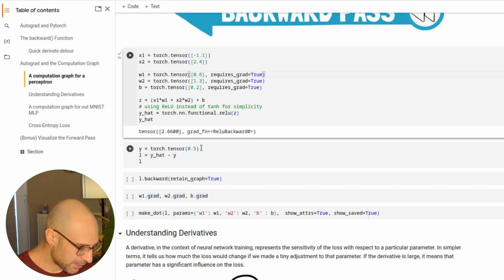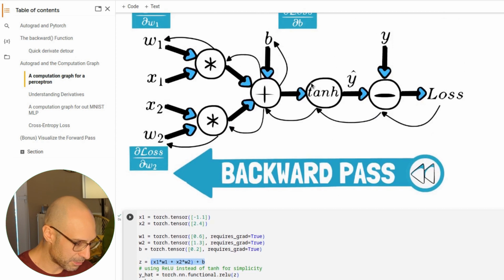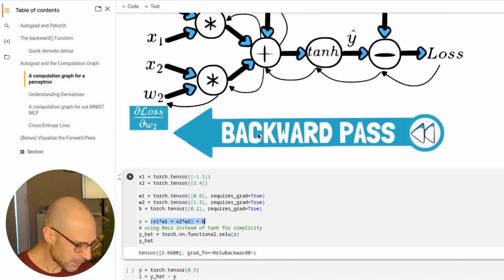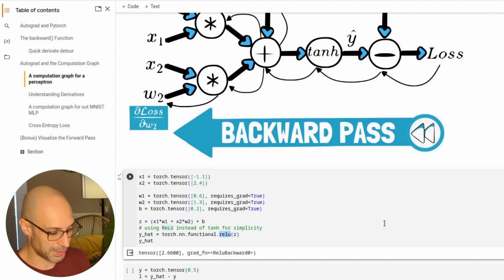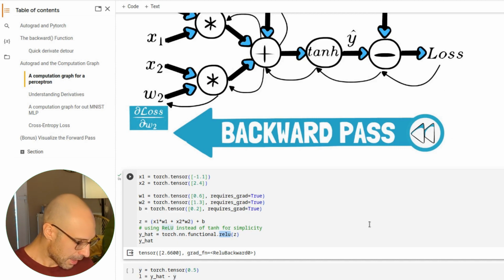The other difference that I have here is the weighted sum, up to this point. And then instead of tanh, I am using ReLU. It is just easier for displaying a nicer output.